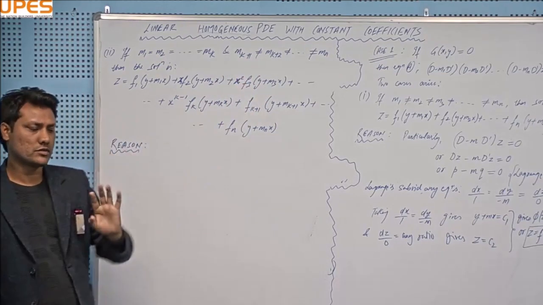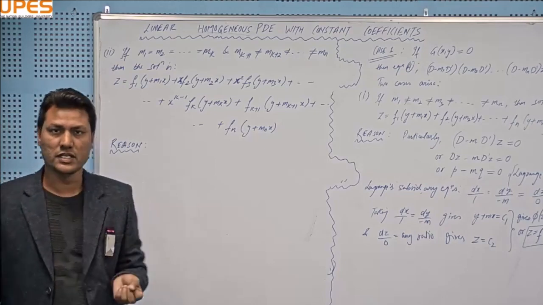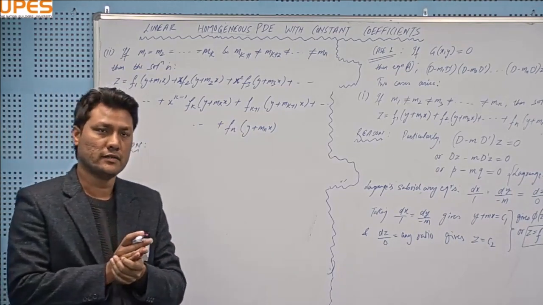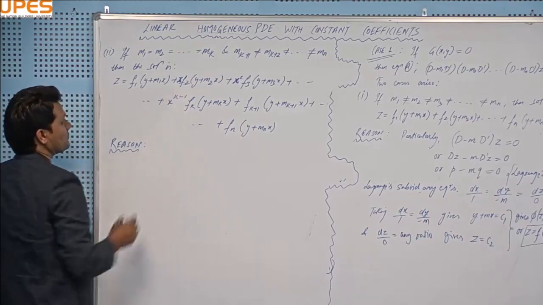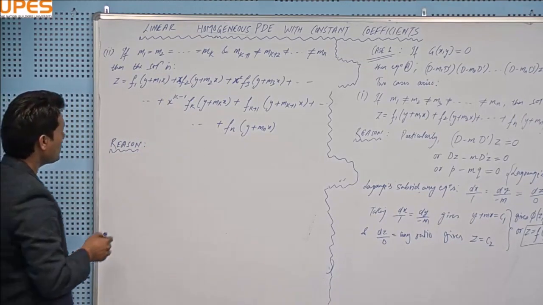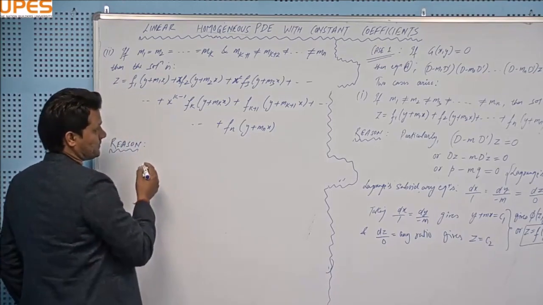So we are particularly focusing on a small case when two of the roots are equal, and I will try to prove why this x appears here.